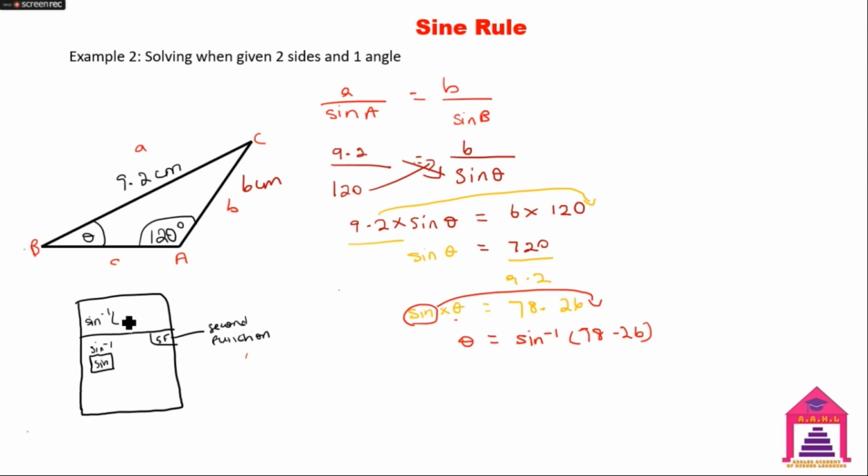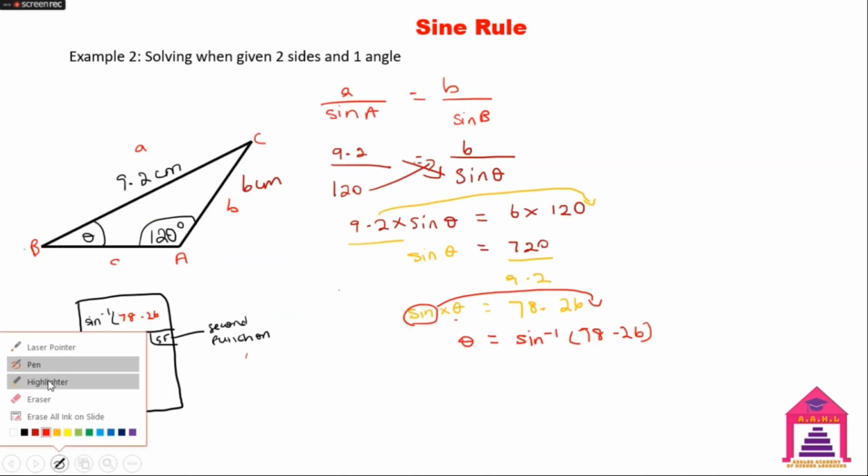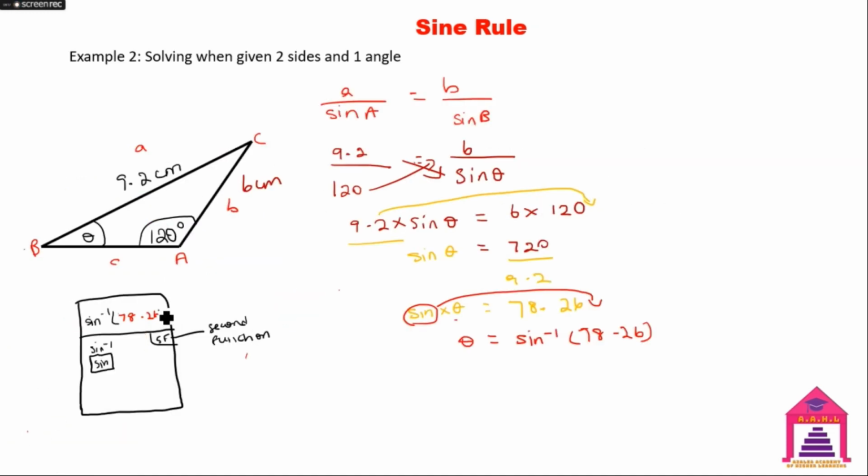And on your screen, it's supposed to be this. And when this opens up, you put in 78.26. Right? So remember, you hit the second function first, then press sine to get this. On your calculator screen, you're supposed to see sine inverse, open bracket, 78.26, and then press equal.